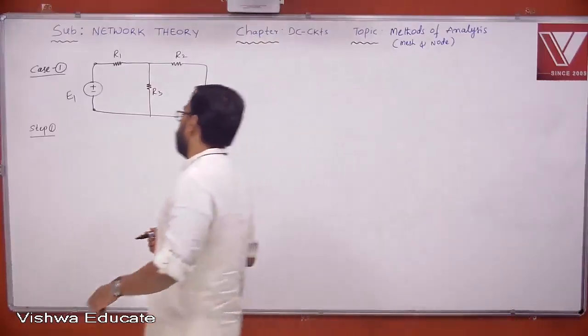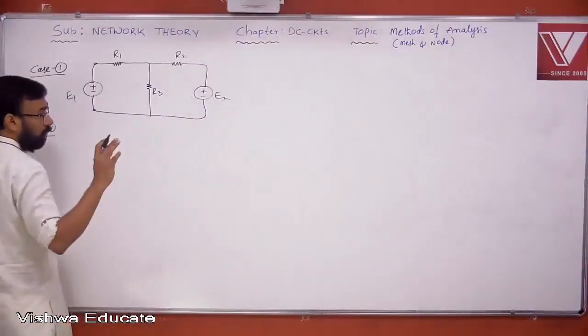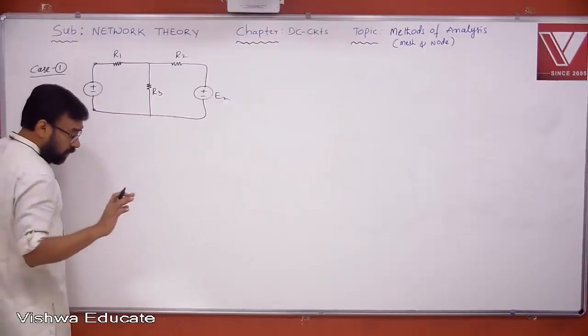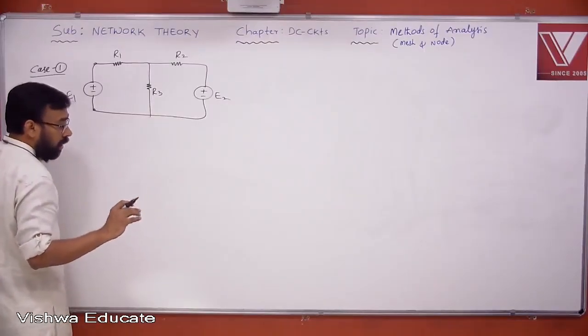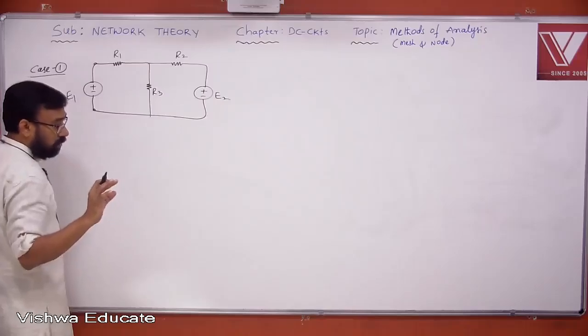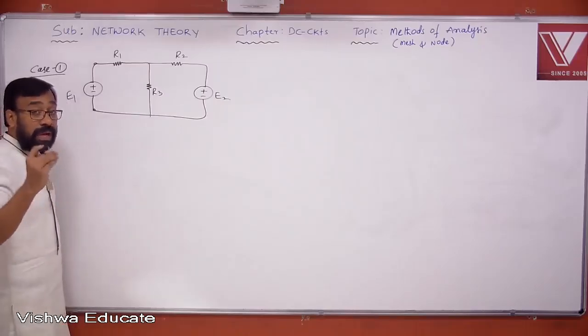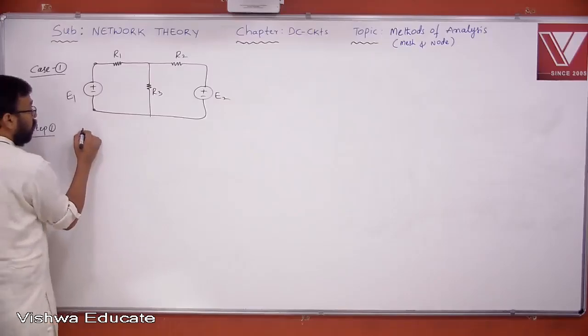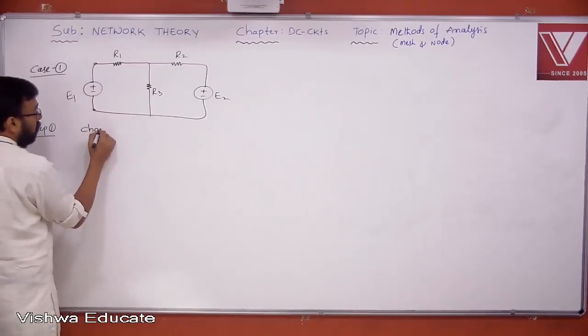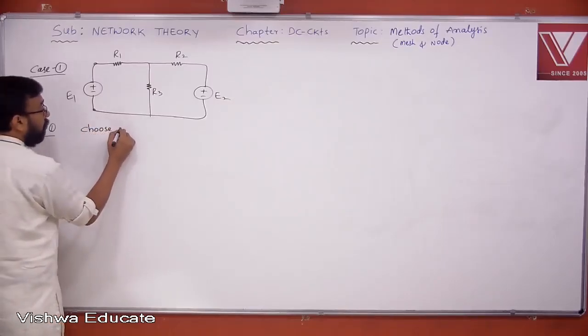Look at this. Step 1. We would like to get the linear algebraic equations. Those linear algebraic equations must be as minimum as possible so that you can save the time. Minimum number of equations we require. Yes or no? Okay. So therefore, choose minimum number of loops.